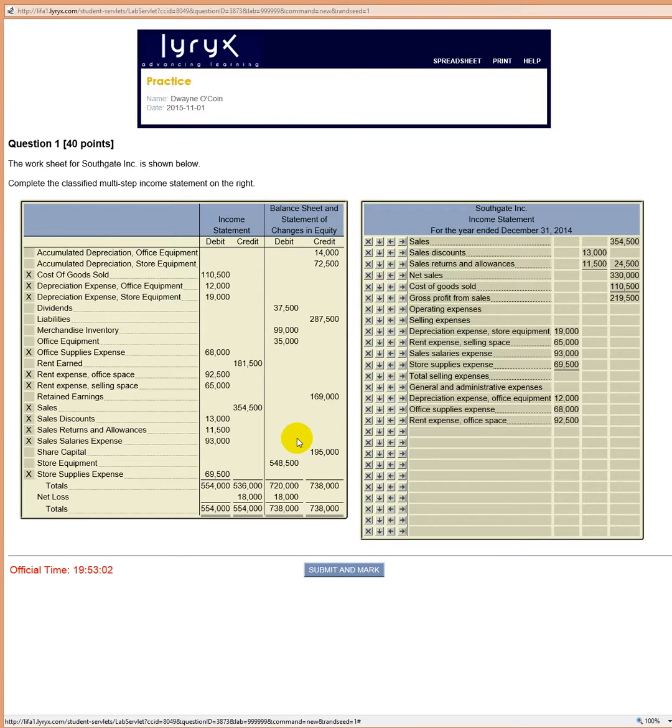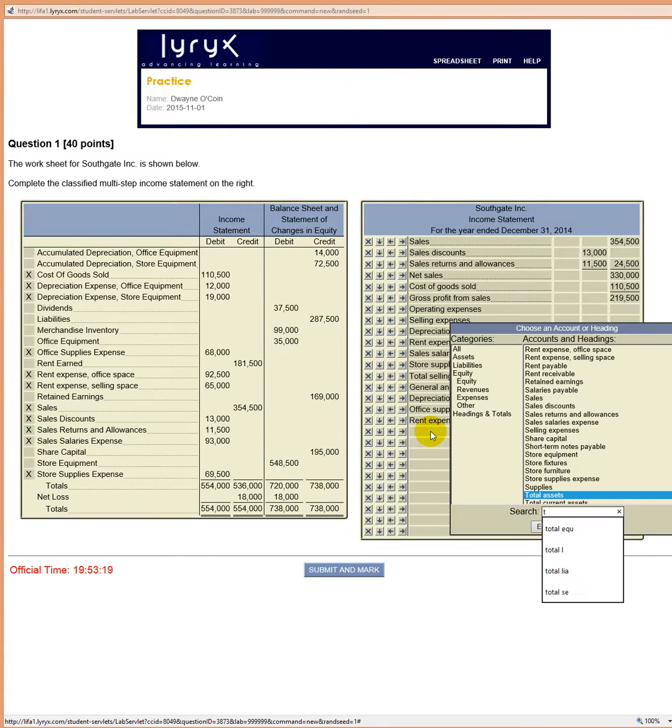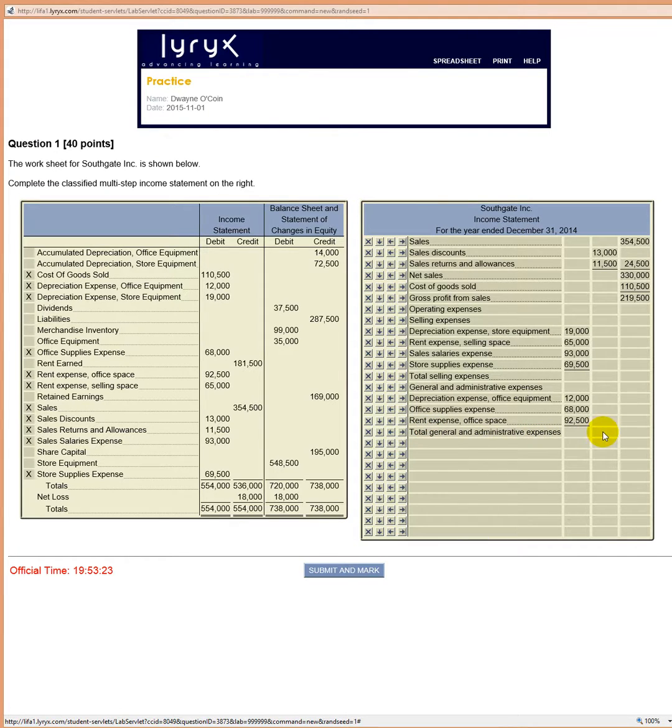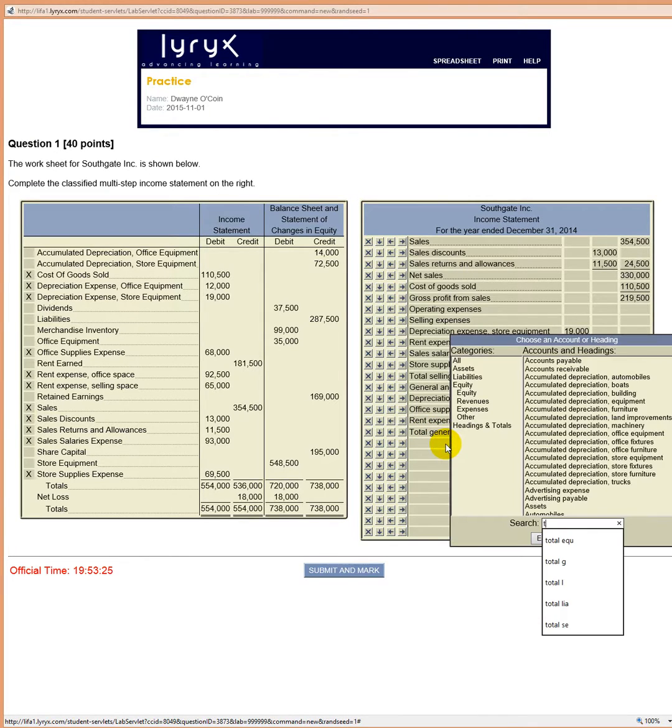So presumably we should have some office staff salaries, but apparently the office staff, the accountants, and the president are working for free here. So I don't see any other expenses. That should be it for the total general and admin expenses. And then that's going to be total operating expenses.